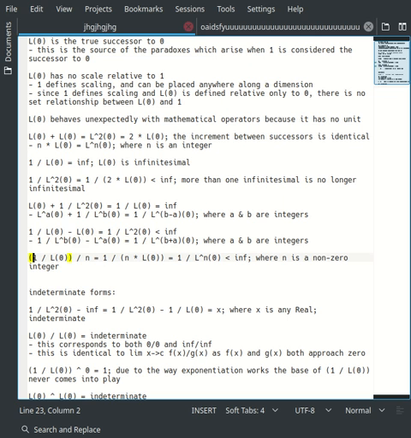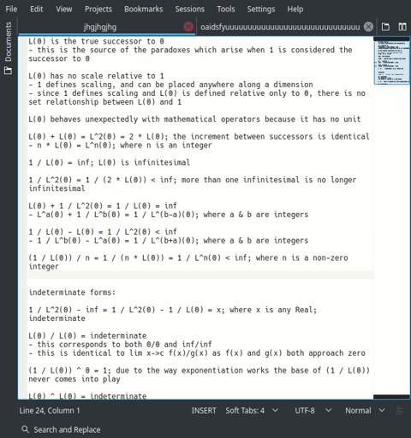And then this guy, if we take 1 on L naught, that quantity, and divide it by some integer, specifically a non-zero integer, then we get 1 on n times L naught, or 1 on Ln naught, which is going to be less than infinity. So we can take this infinity and turn it into a finite value by either subtracting or dividing it, as long as we're working within the terms of L naught.